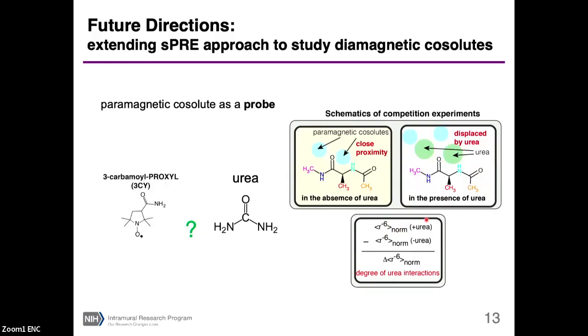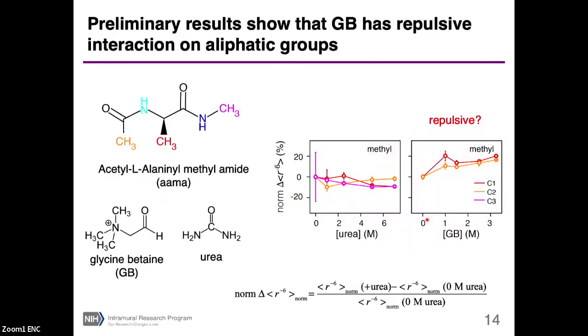And to illustrate this point, we did some preliminary experiments on this model peptide called AAMA, and we measured the solvent PRE on the methyl groups in the presence and absence of glycine betaine and urea. Just to remind you, glycine betaine folds proteins while urea denatures proteins. So these two small molecules act in opposite directions, and then we see what happens to the delta R2-sp.